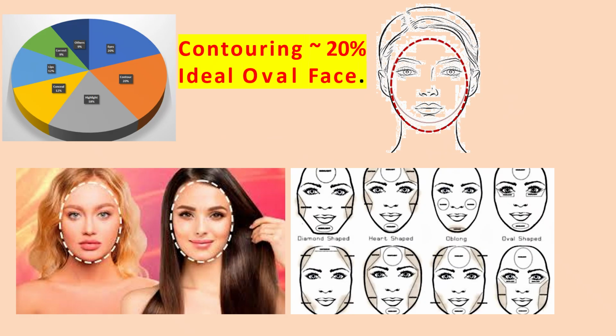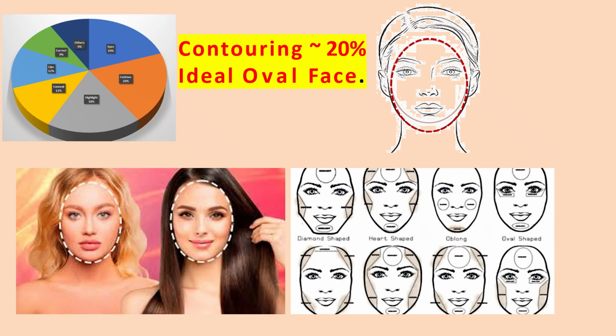Now, contouring 20%. Eyes 20%, contouring 20%. In contouring, we have an ideal oval face, a hypothetical ideal oval face. So, your work is contouring as close as possible to the ideal oval.